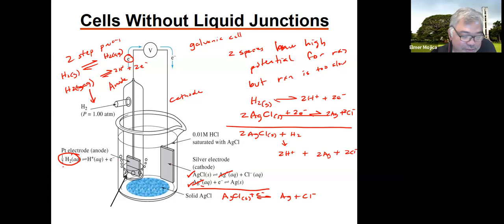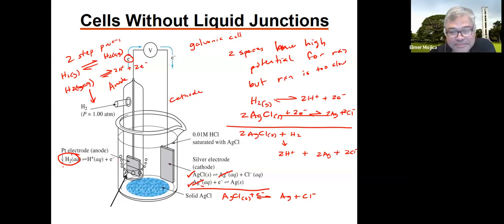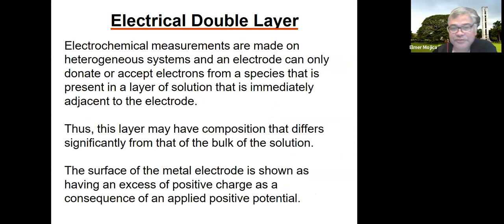Galvanic or electrolytic. So this is a galvanic cell that you can have even without this what we call liquid junction.